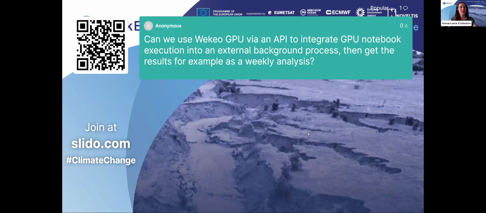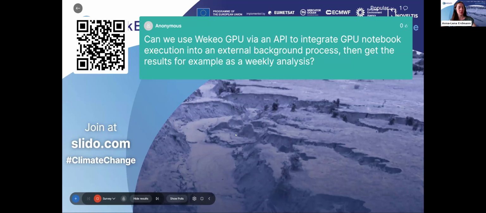In the WEkEO workspace, you also have access to the command line interface, so a terminal. You can also use the GPU with that, so you don't necessarily have to use it in a Jupyter notebook. But I'll also check with our technical experts on that question, and then I'll get back to you. I will put it on the side also if you want more detail.